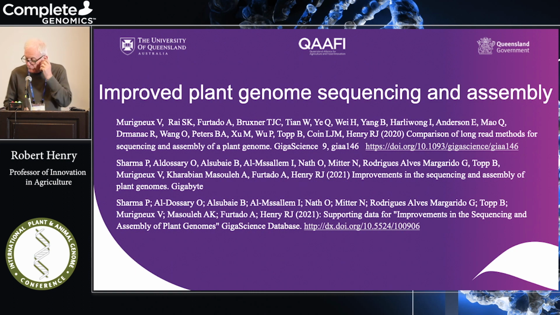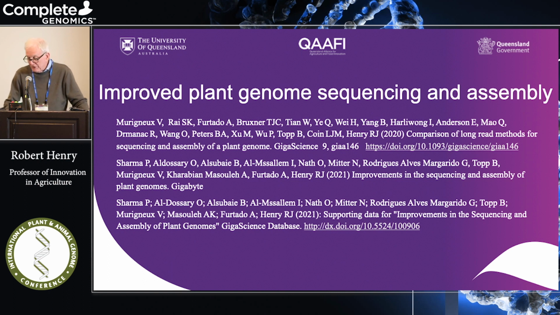So we've done a lot of work using these actually as a model for studying and improving genome sequencing, assembly, and annotation. In fact, the first study here, published in GigaScience, compared all of the available sequencing platforms for sequencing and assembly of genomes using the macadamia as an example.